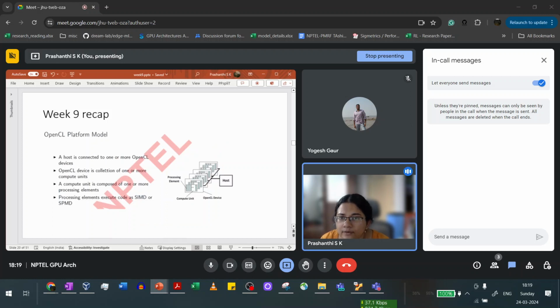Okay, now coming to the platform model. So a host is connected to one or more OpenCL devices, and an OpenCL device is a collection of one or more compute units. So you can notice this terminology being a lot more generic, right? So this is to account for the hardware heterogeneity. We no longer say GPU or SMs because you could have something else.